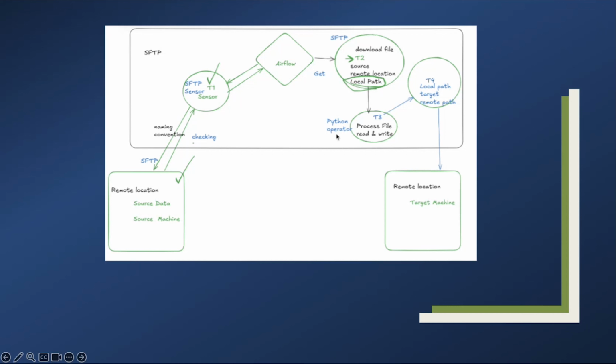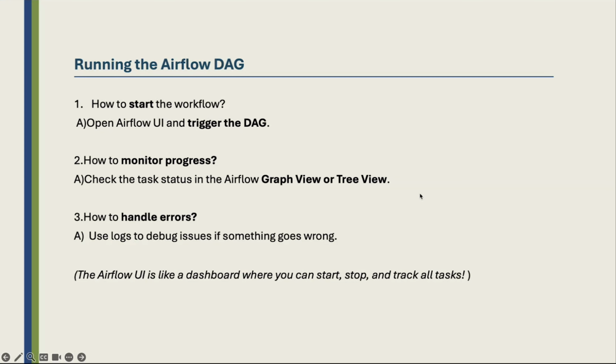If you see clearly, I mentioned the Python operator, which means your SFTP job is just lift and shift. But if you have a requirement to do transformations, you can use the Python operator. If you want to apply some pandas transformations, you can do that, and then sync to your destination path, which is nothing but the remote location. So this is the DAG.